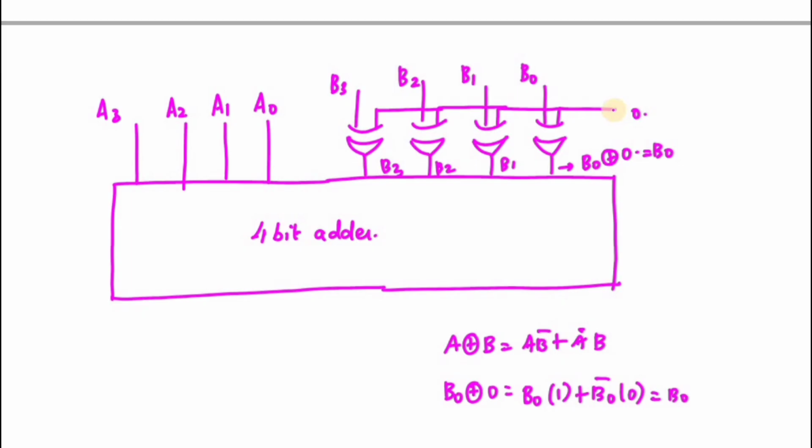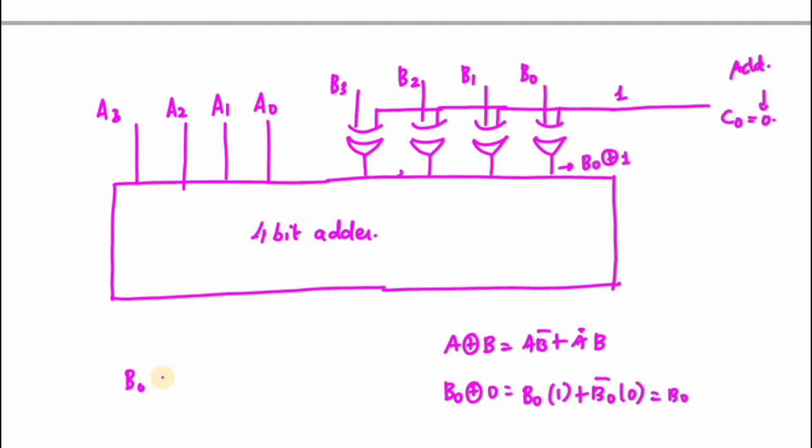Now this is C naught. If the C naught value is 0, it will perform the normal addition. What will happen if C naught is 1? This will become B naught XOR with 1. What is B naught XOR with 1?